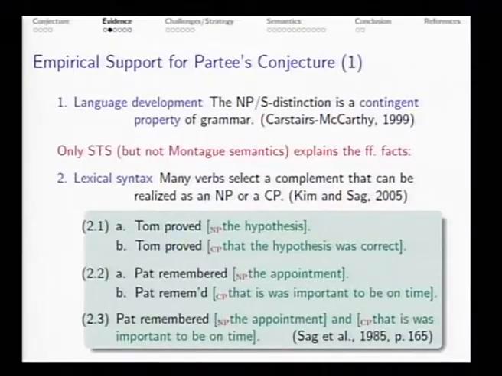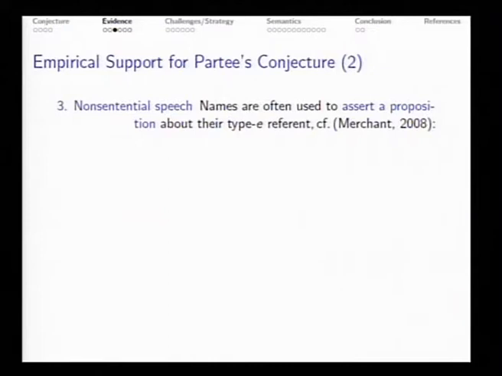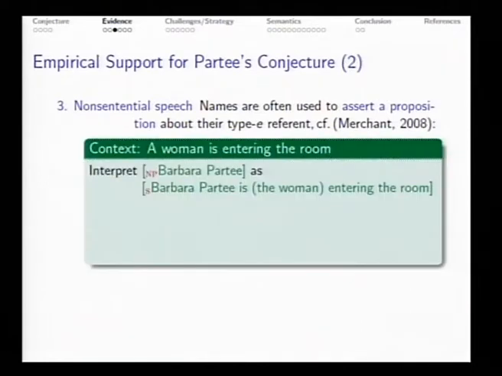Another kind of phenomenon, which also can't be modeled in monotype semantics, is the use of proper names to assert a contextually salient proposition about their type E reference. For example, if I use the name Barbara Partee as a woman is entering the room, my particular utterance of the name Barbara Partee in this context can be interpreted as the sentence, Barbara Partee is the woman entering the room, for example.